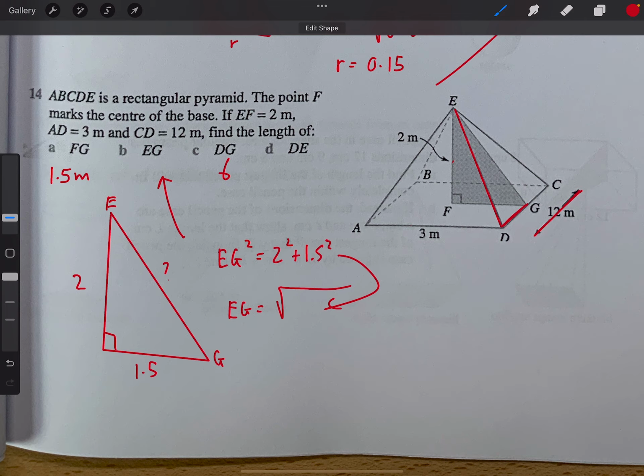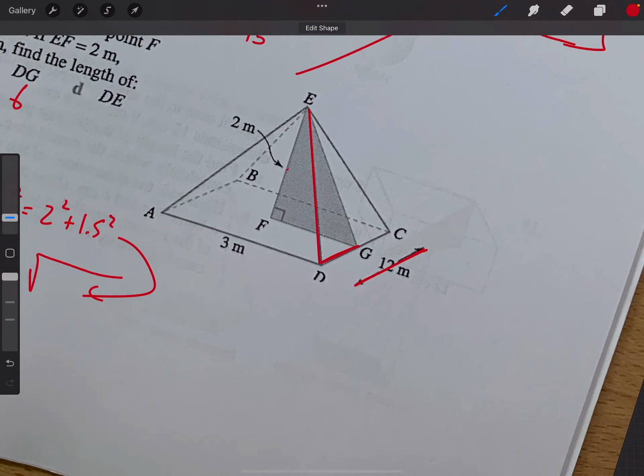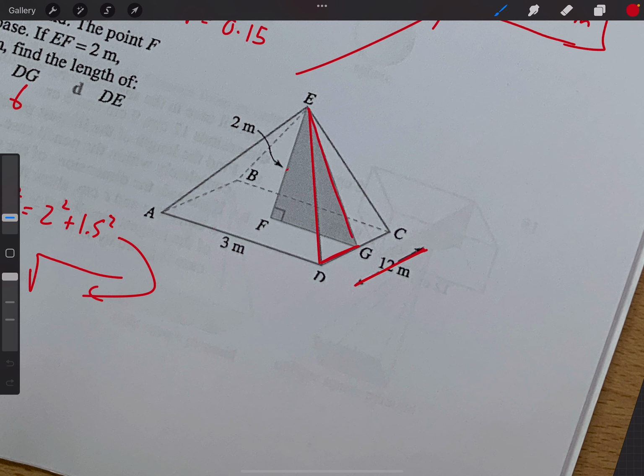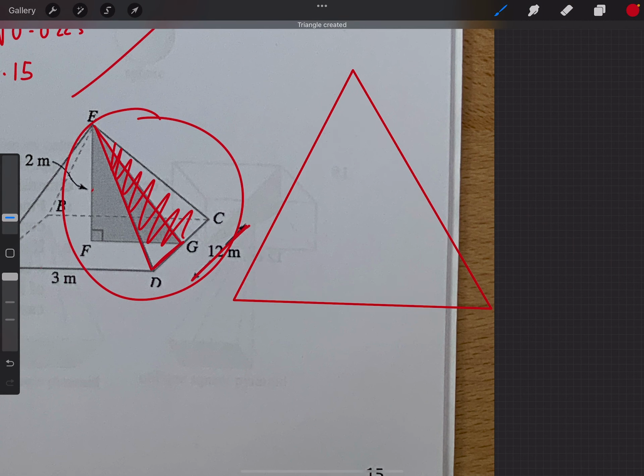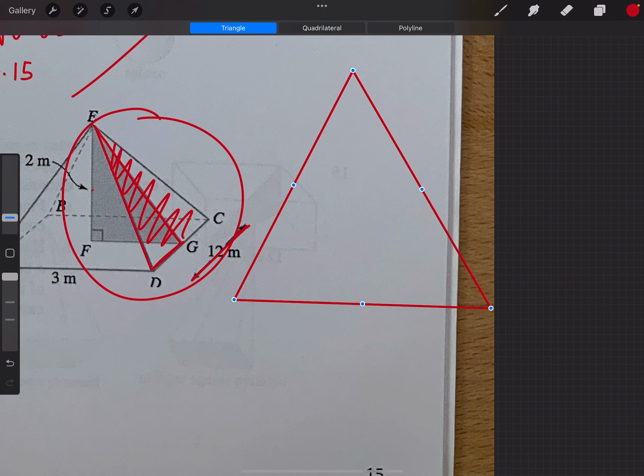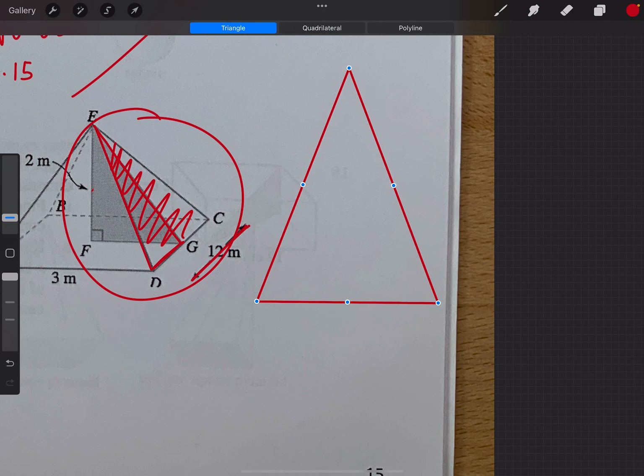What's this length? Well, if you have a look here, we can draw another right angle triangle here. Okay, so imagine if I take this side of this face and just draw it out here, like this. It looks something like this.